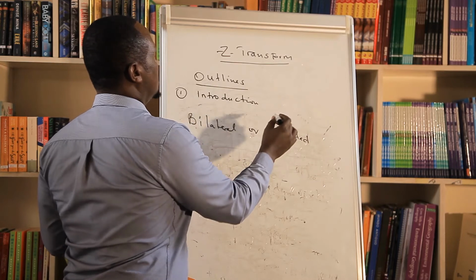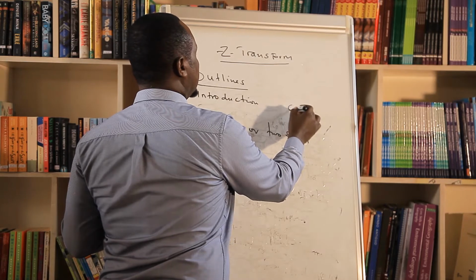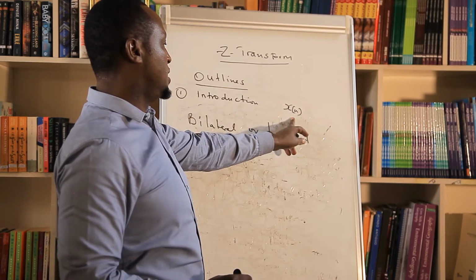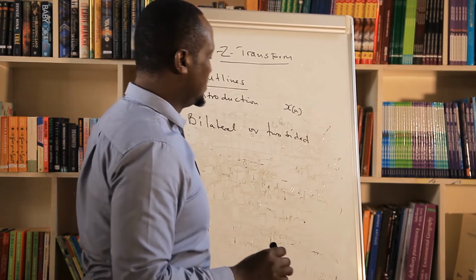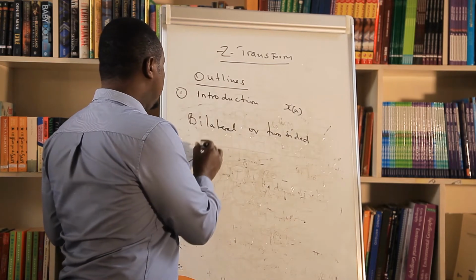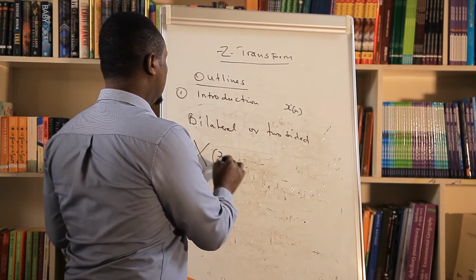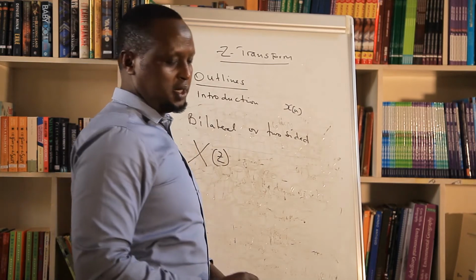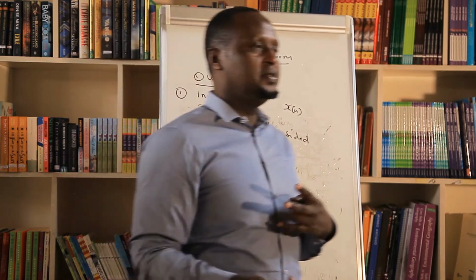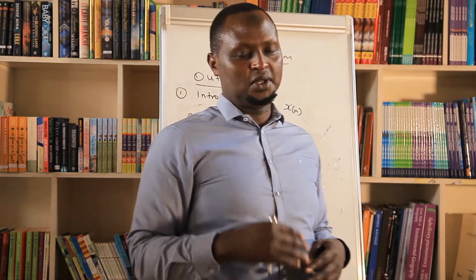Previously, when we were doing discrete value signals, we used to discuss, for example, x of n, which demonstrates the discrete value that you are looking for. But here we are going to make a big X with respect to Z, and it's going to be double-sided, meaning from negative infinity to infinity.